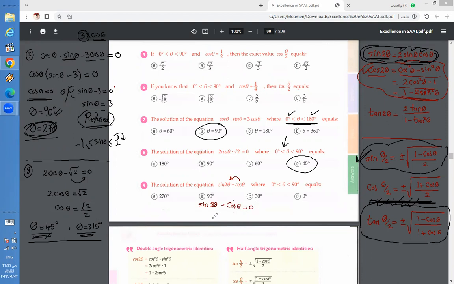We substitute the value of sine 2 theta as 2 sine theta cosine theta. So 2 sine theta cosine theta minus cosine theta equal to 0. Take cosine theta as a common factor; the remainder will be 2 sine theta minus 1 equal to 0.